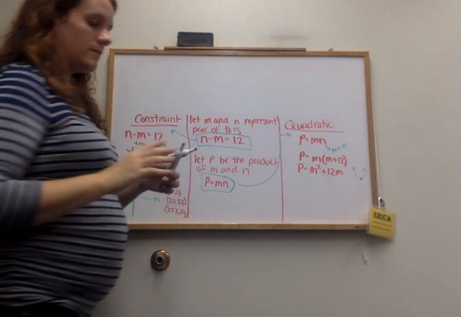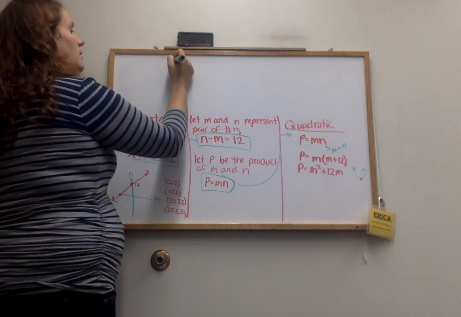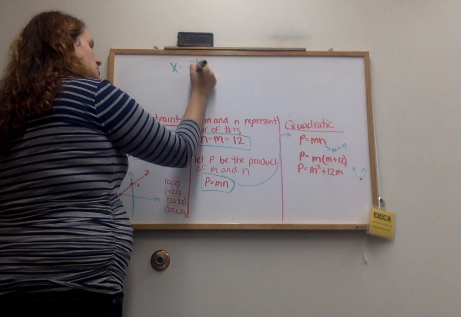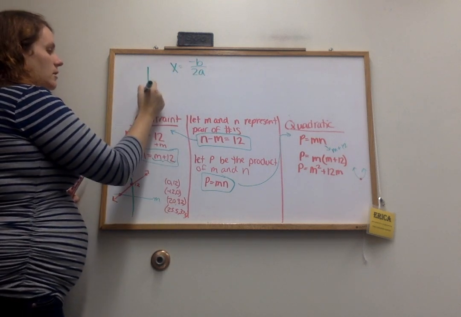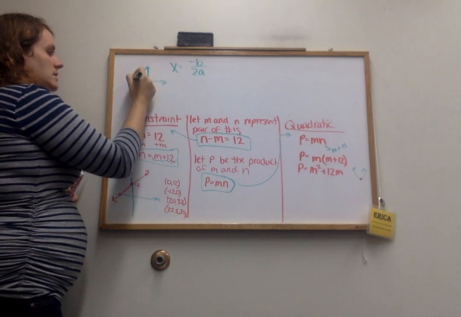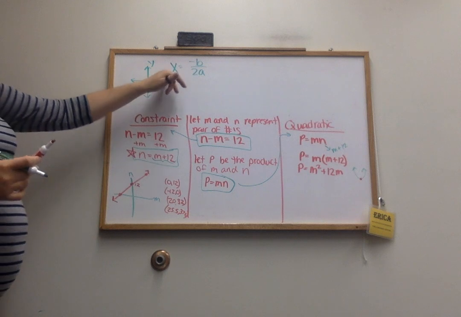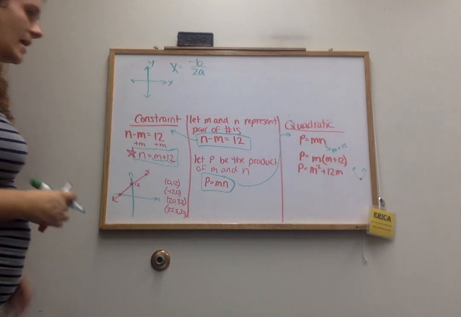So far, when we've dealt with the formula for finding a vertex, we've always said that the x-coordinate equals negative b over 2a. Well, we've always used x because on our axes, we have x and y. All right, and we find the x-coordinate, the horizontal coordinate, using this formula, negative b over 2a.